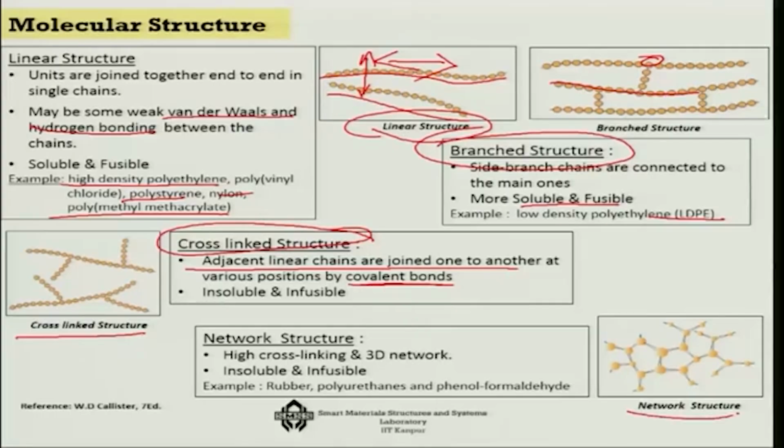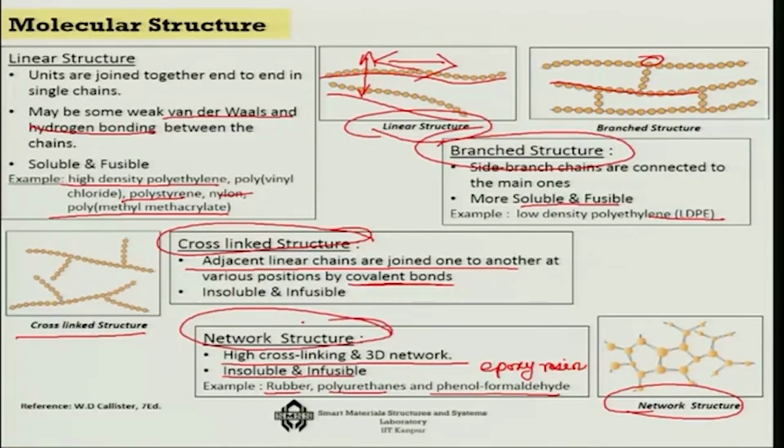If this degree of cross linking increases so much that they form a network structure with high cross linking and a 3D network, then that is the extreme form of cross linking, and this will become insoluble and infusible like rubber, polyurethane, phenol formaldehyde, or what we normally call epoxy resins. So, that is the ultimate example of network structure.